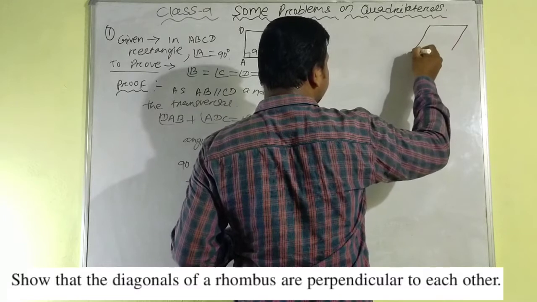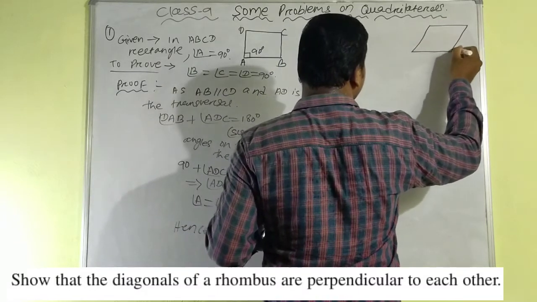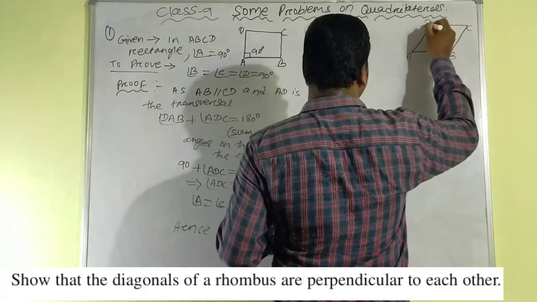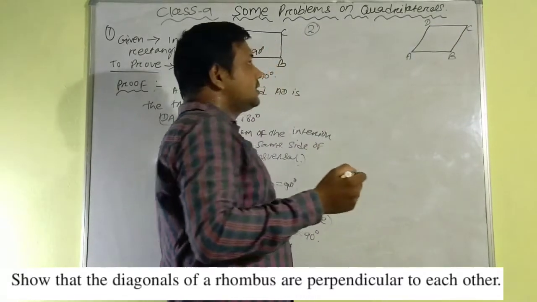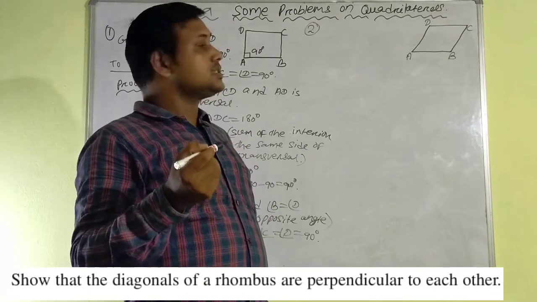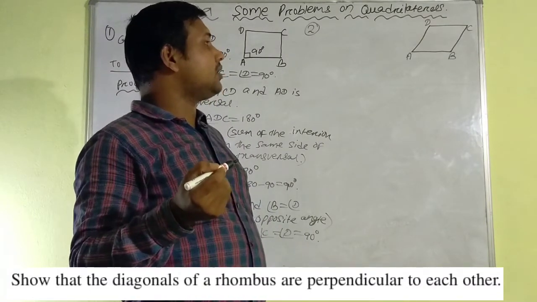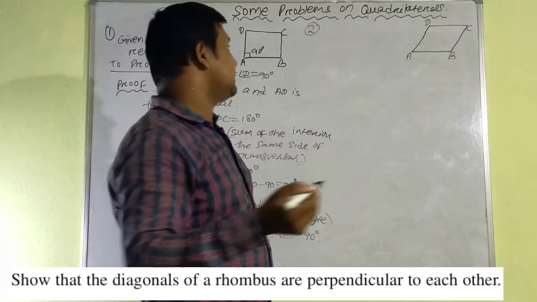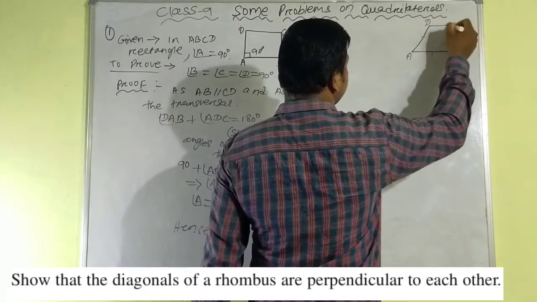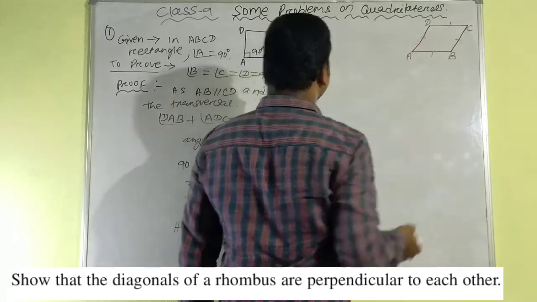Let ABCD be a rhombus. Rhombus means a parallelogram whose adjacent sides are equal, or we can say all sides are equal. So here AB equal to BC equal to CD equal to DA.